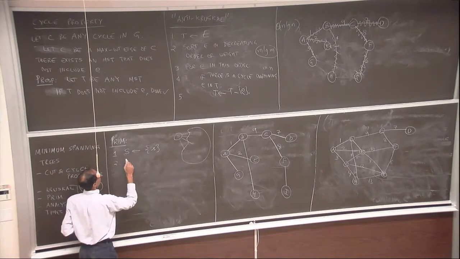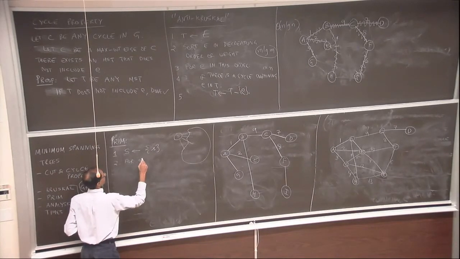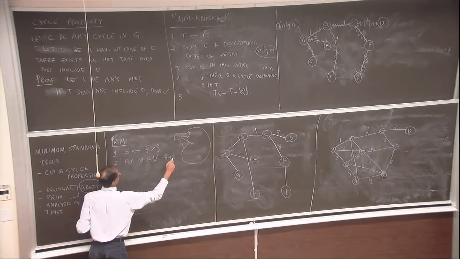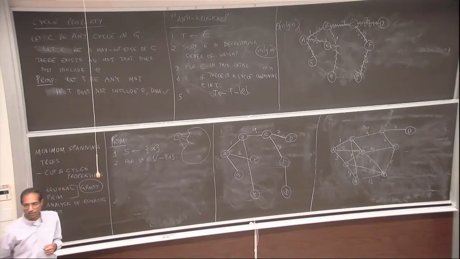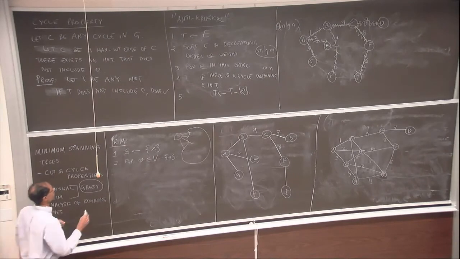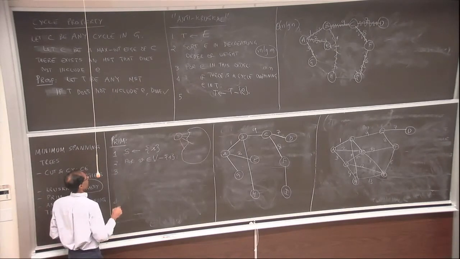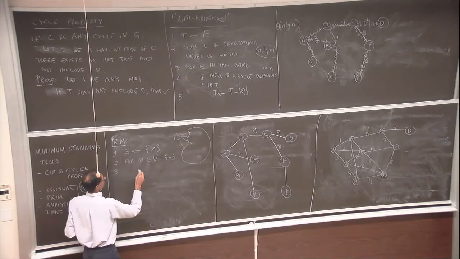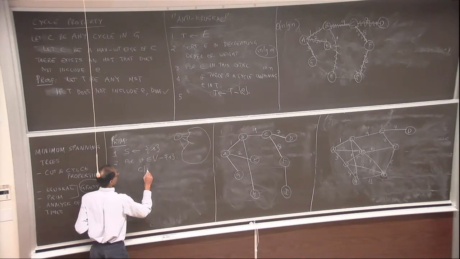So for every other vertex, we assign, let's say, we use C, cost, for the vertex.